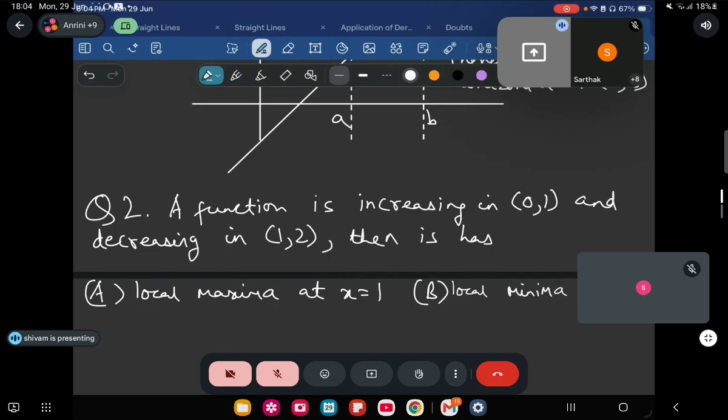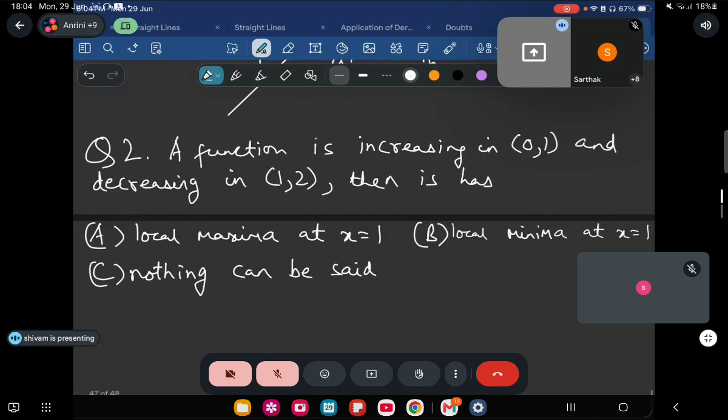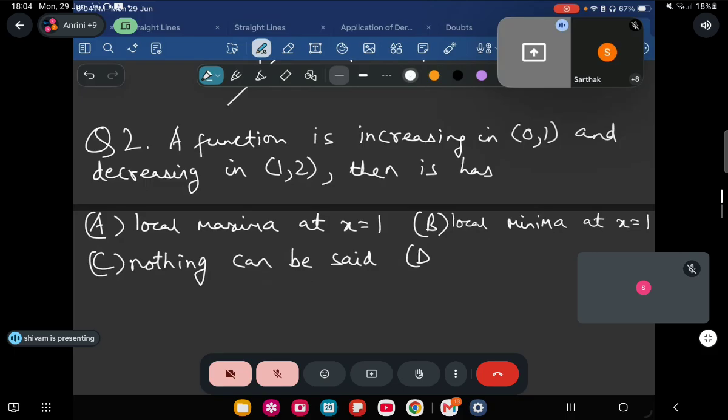Option C, nothing can be said. Option D, what to write?